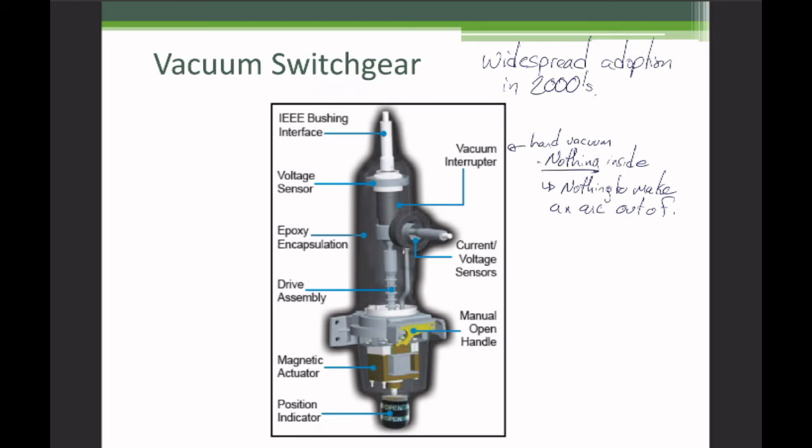Because of that, these vacuum interrupters can be very compact. They don't need to move very far at all to make sure that they're fully open. The downside of these vacuum interrupters in this hard vacuum is there's no opportunity for a viewing window.